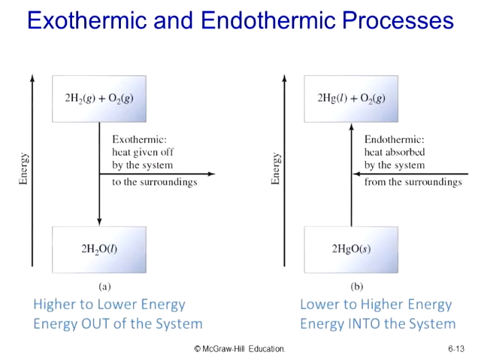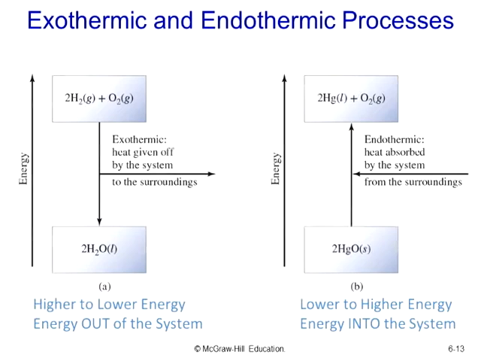These diagrams are intended to give you an idea of what the energy levels look like in a relative sense. For example, the one on the left, which is an exothermic process, shows hydrogen and oxygen at a higher energy state. It goes to give water, which is at a lower energy state.